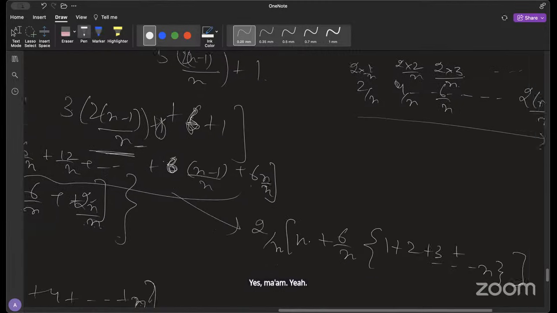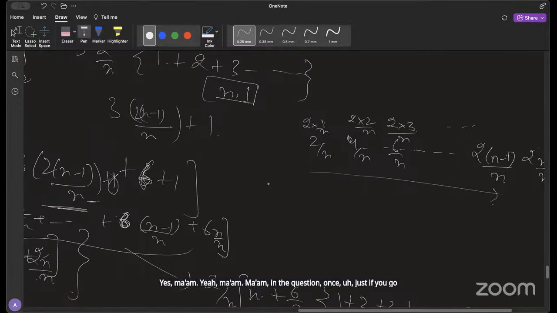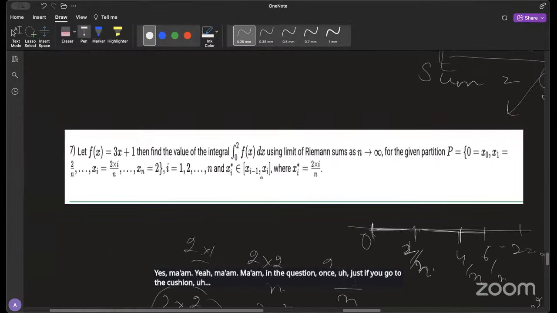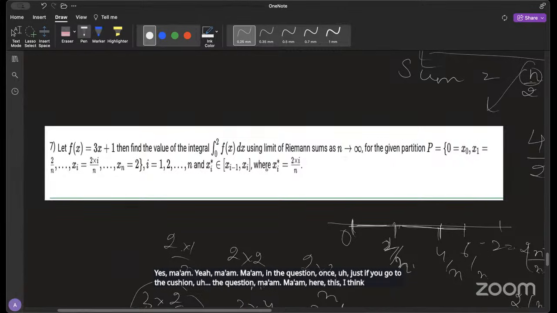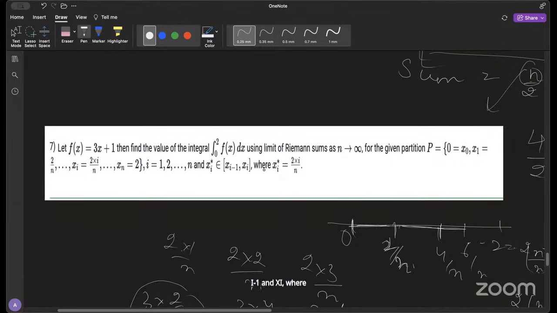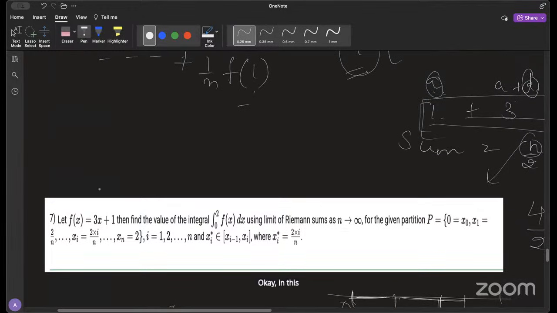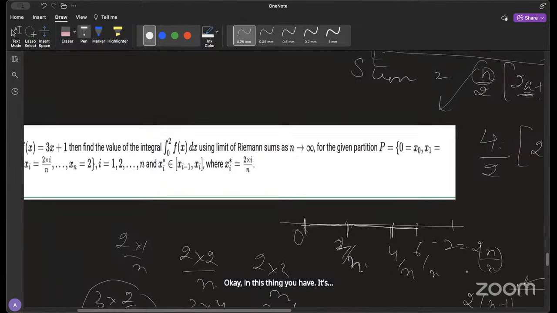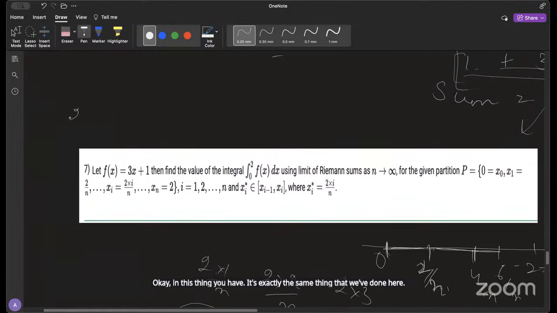Ma'am, in the question, here this i thing, can you throw some light on that? This i is 1, 2, 3 till n, and xi minus 1 and xi, where xi star is 2 into i into n. Okay, that is the same thing. You have 2i by n; it's exactly the same thing that we've done here. Your general formula for xi, no, xi only. This is for xi.